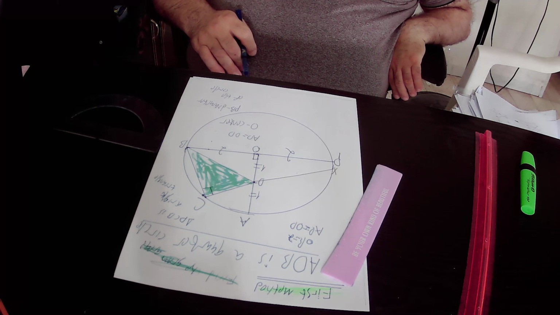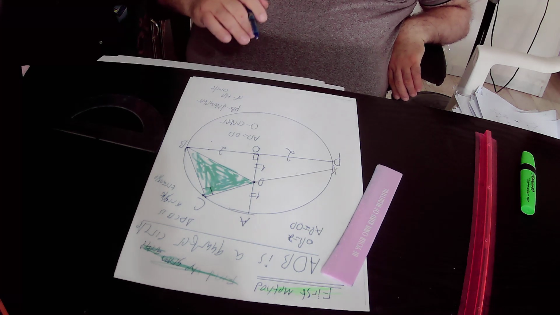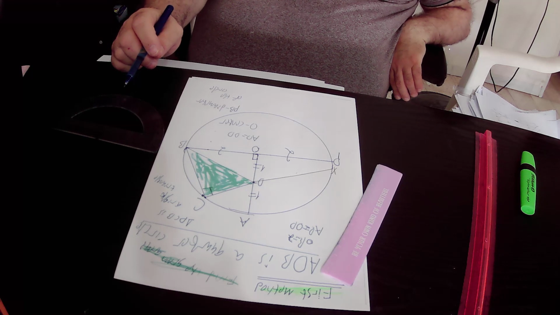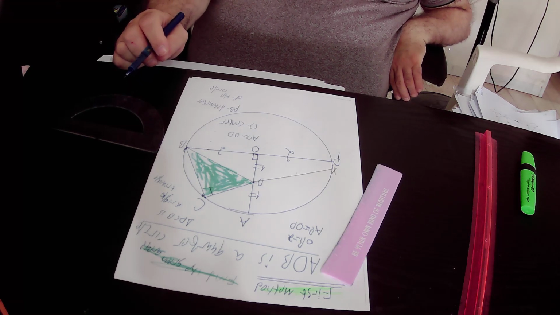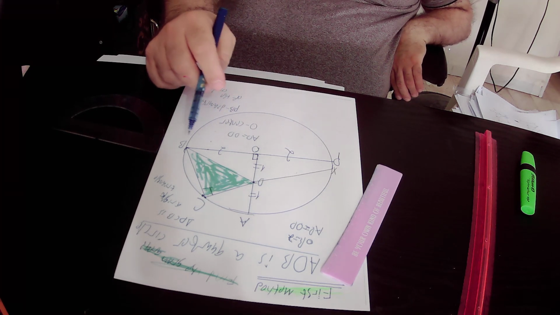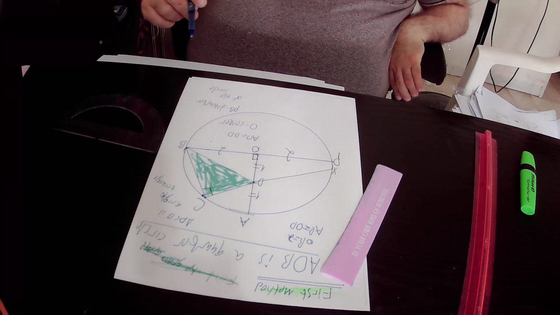So, in order to avoid the contradiction, we must conclude that point X merges with point P, and in this way we get that the peripheral angle BCP that is equal to 90 degrees rests on the diameter of the circle, that is BP. Okay?